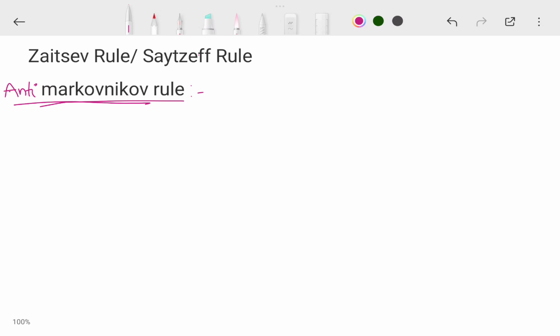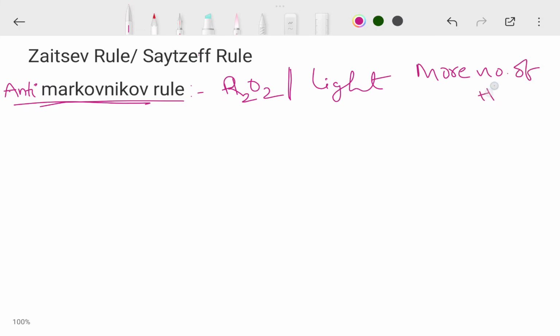In this anti-Markovnikov rule, the addition of a reagent to unsymmetrical alkenes in the presence of peroxides or light, the negative part of the reagent is added to that carbon atom of the double bond which bears the more number of hydrogens.